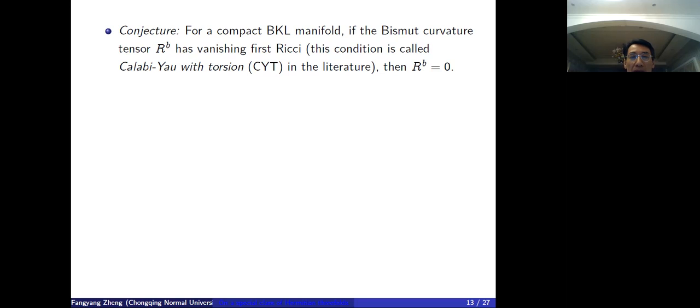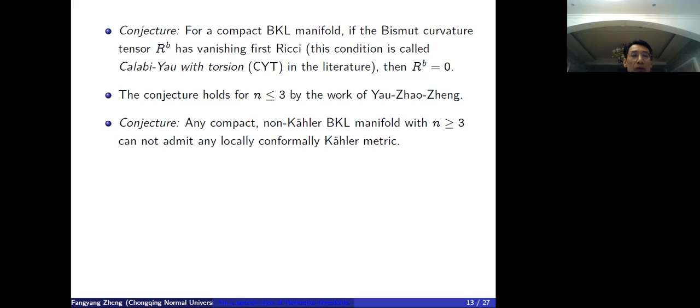We wonder if there are Ricci flat ones that are non-flat, but in dimension 3, the vanishing of the Ricci curvature forces the full curvature tensor to vanish for the Bismut connection. So we made a conjecture. We think it's true in higher dimension as well. It's unknown in dimension 4 and above.